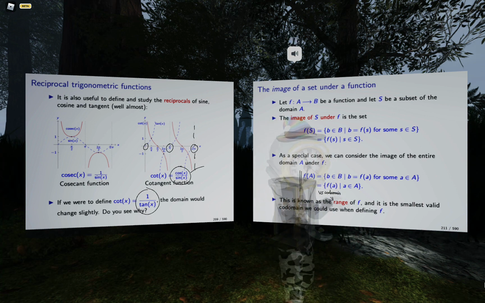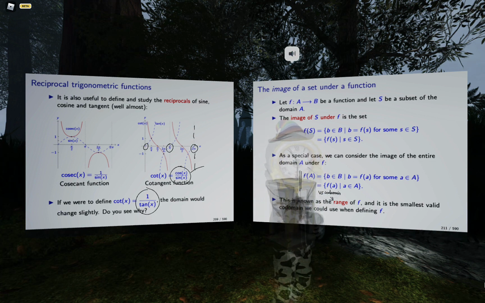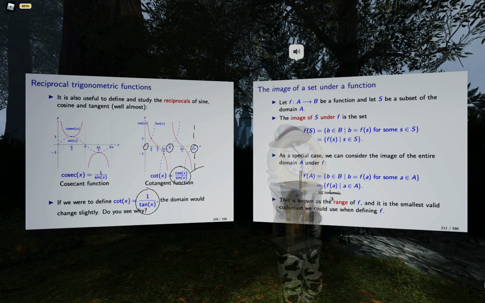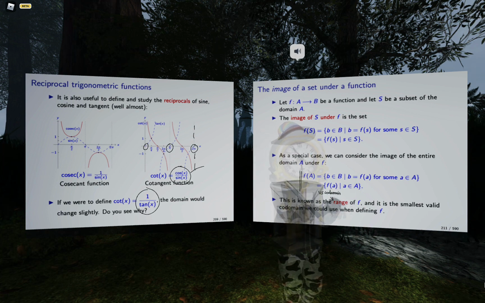That's a good question. They might be the same, but they don't have to be. So the range is all the things that actually occur as outputs of f. The codomain is just some set which contains all the possible outputs, but maybe it's bigger.